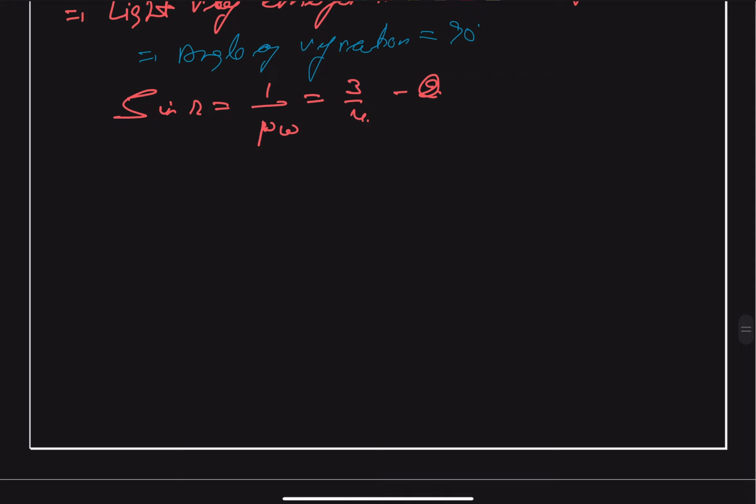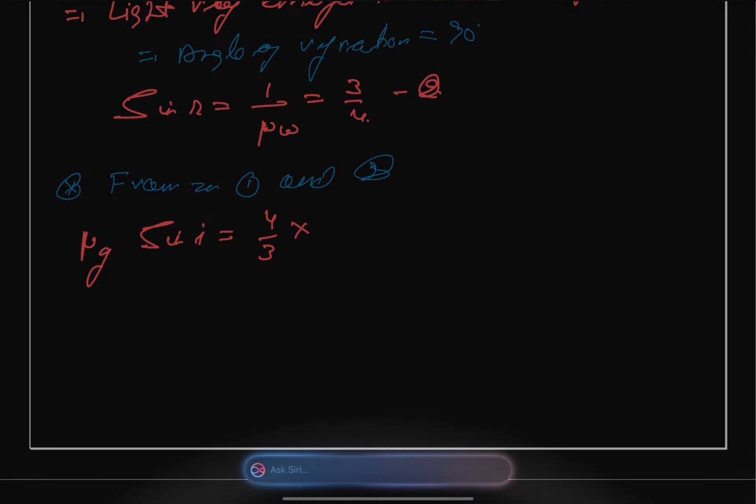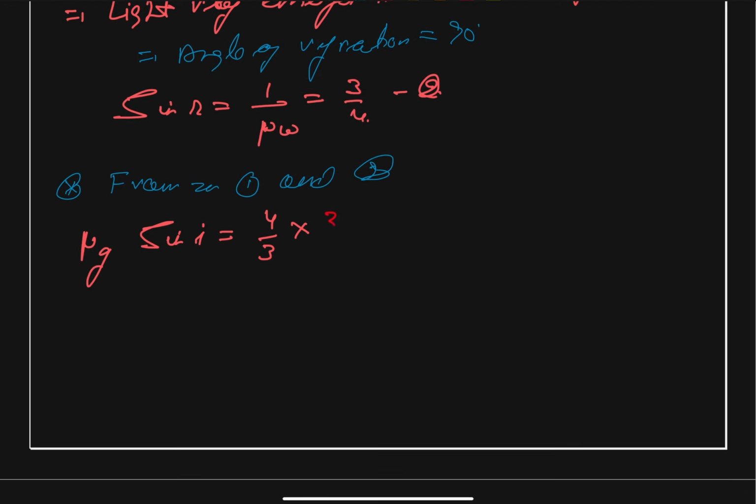So from equation 1 and 2, we get mu g sine of I is equal to this over 4/3 and multiplied by 3/4, which comes as 1, because this cancels out entirely.